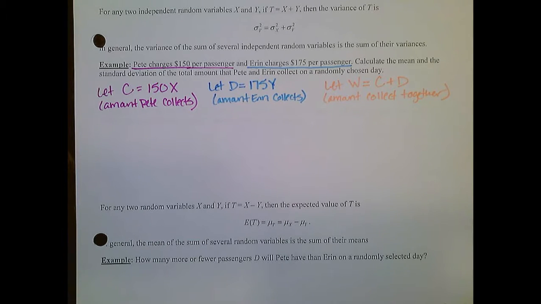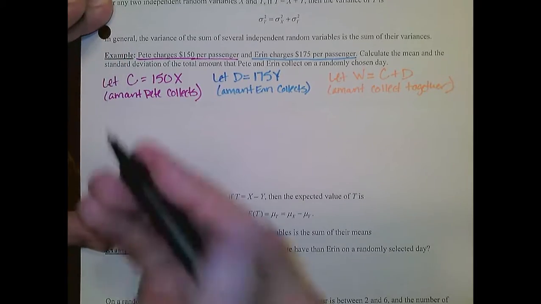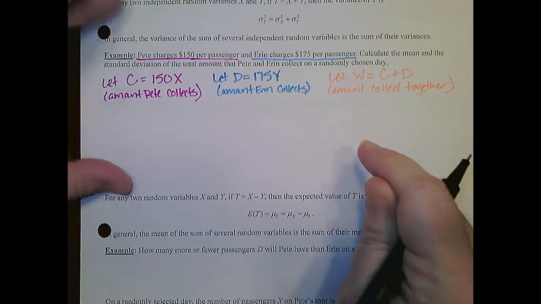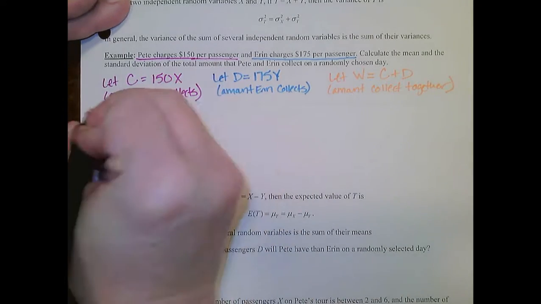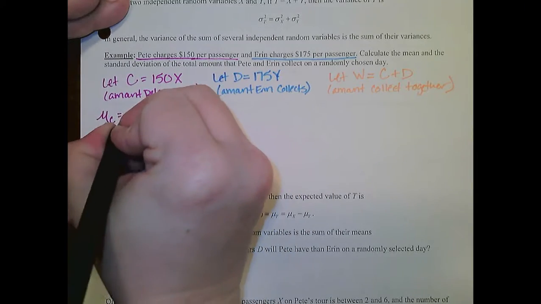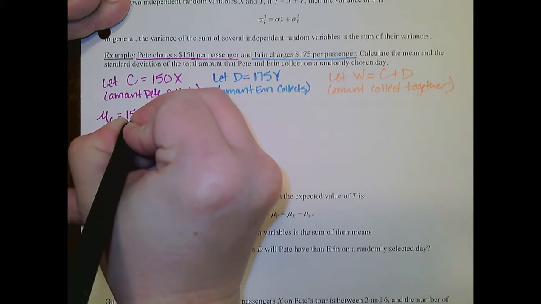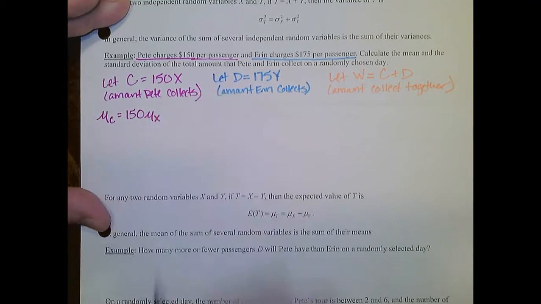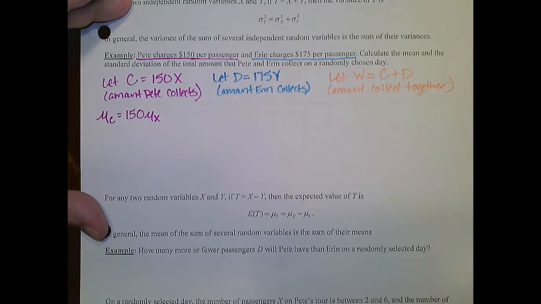Okay, so we're going to start by finding the mean and standard deviation for C. And before we said that if we are multiplying a random variable by a constant, then the resulting mean is just simply going to be that constant times the original mean of the random variable that we're multiplying it by.